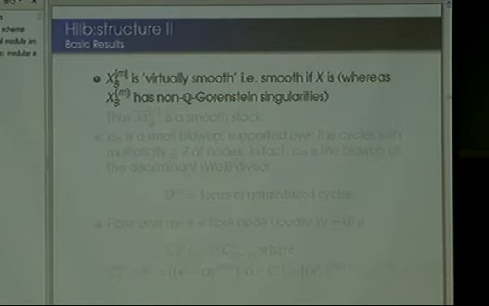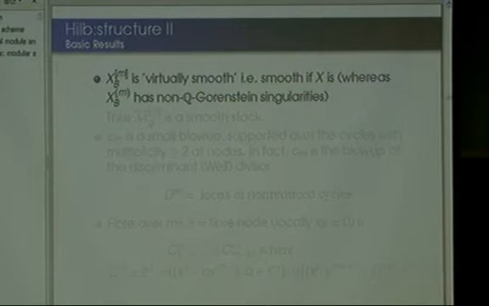First is that unlike the symmetric product, the Hilbert scheme is what you might call virtually smooth, in the sense that if the total space of the original family is smooth, then so is the total space of this relative Hilbert scheme. On the other hand, the relative symmetric product has these horrible singularities, really bad singularities.